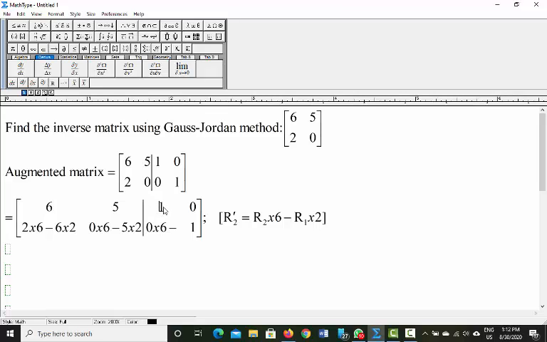Here in the first row we have 1, so 1 multiplied by 2. Similarly here, multiplied by 6 minus. Whatever you have in the first row we will multiply by 2. So 0 multiplied by 2.